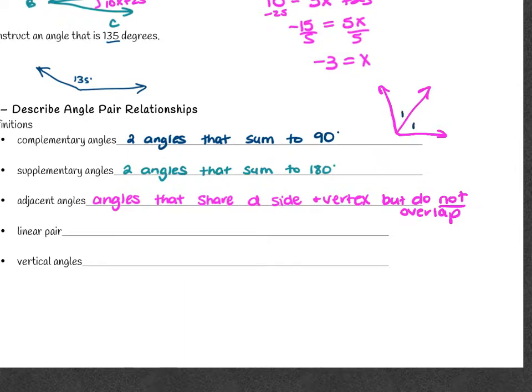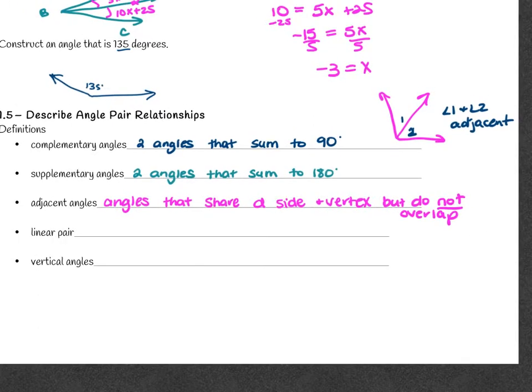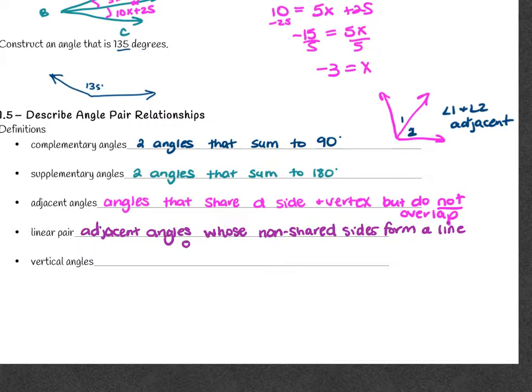So angle 1 and angle 2 here would be adjacent angles. A linear pair are adjacent angles whose non-shared sides form a line or are opposite rays.